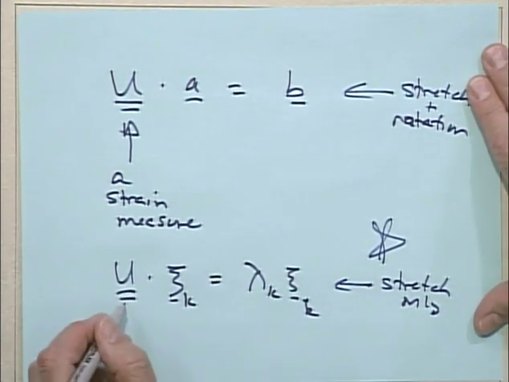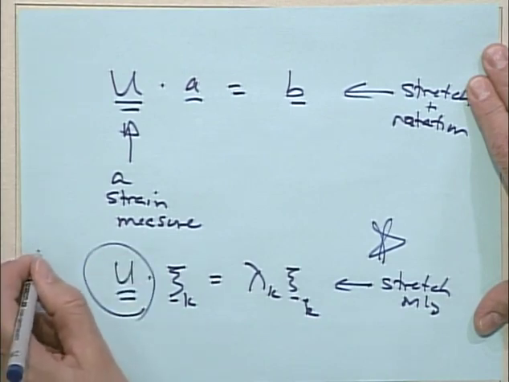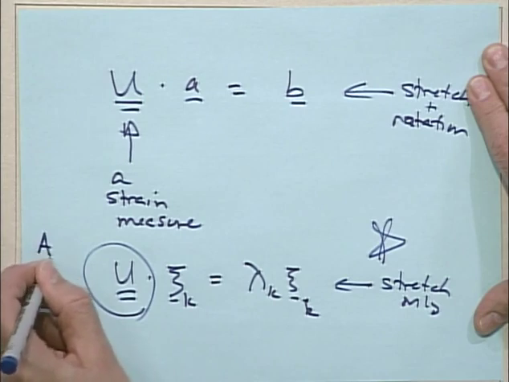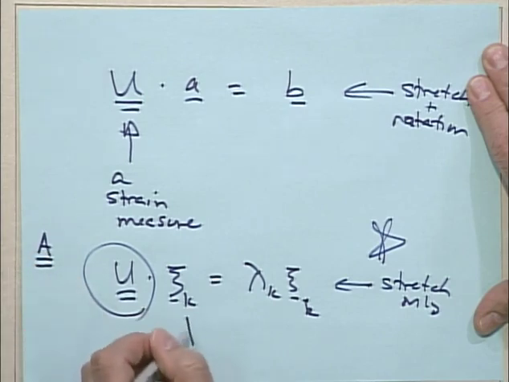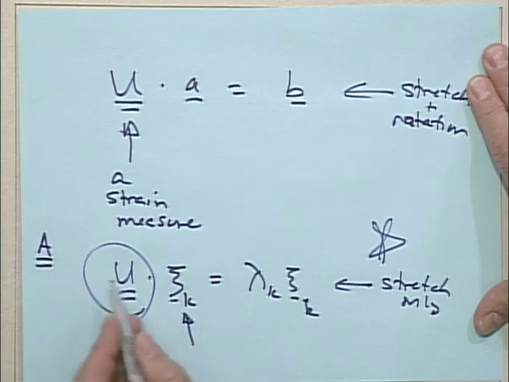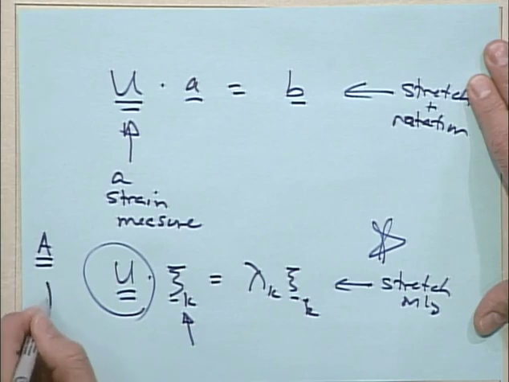Okay? So U is a tensor that has all of the same stretch properties of the original tensor. And if we use the eigenvectors as our measure of deformation, we have in U completely isolated stretch. The key is that both A and U have the same amount of stretch.